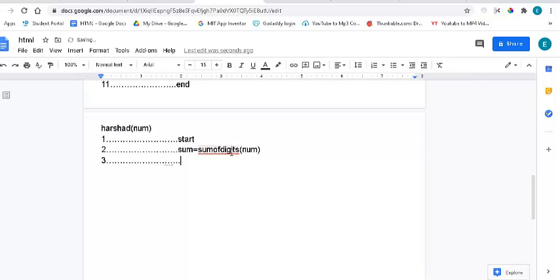Then I'm going to say if remainder of num and sum is equal to 0, then I'm going to call another operator div, which is going to be num divided by sum.